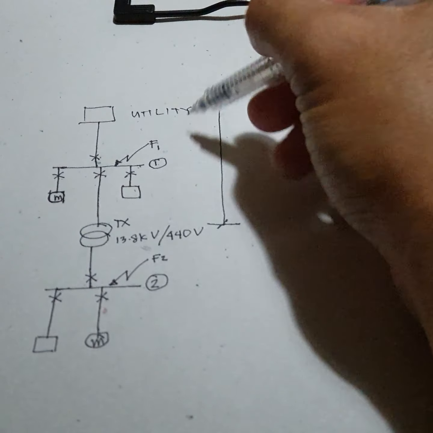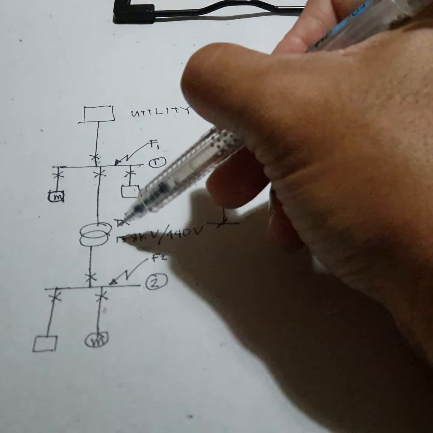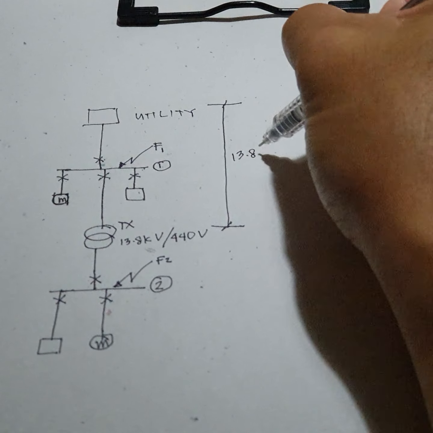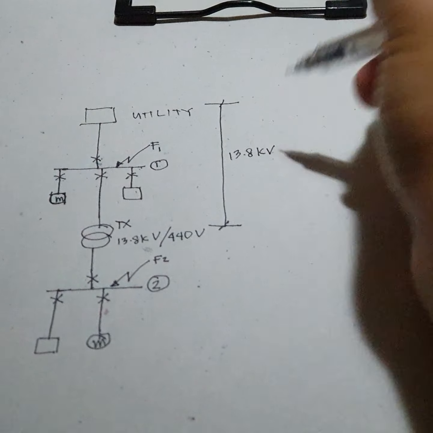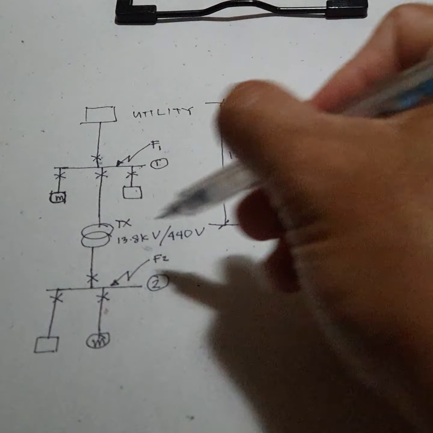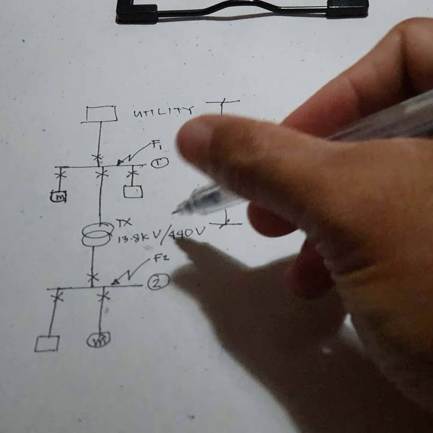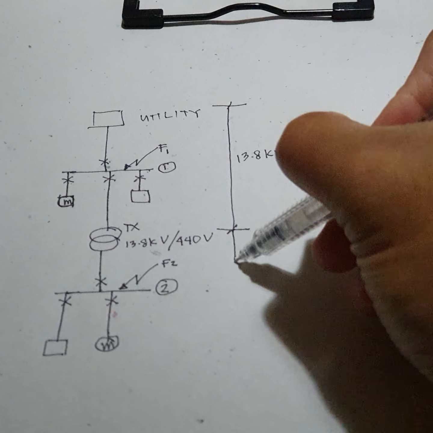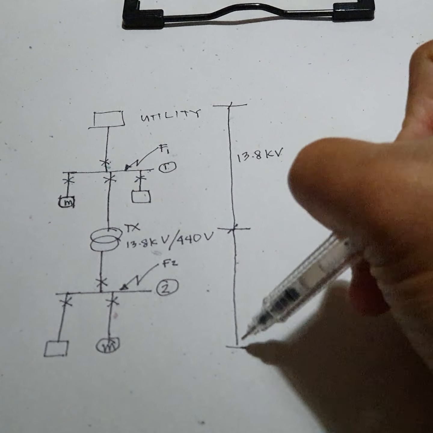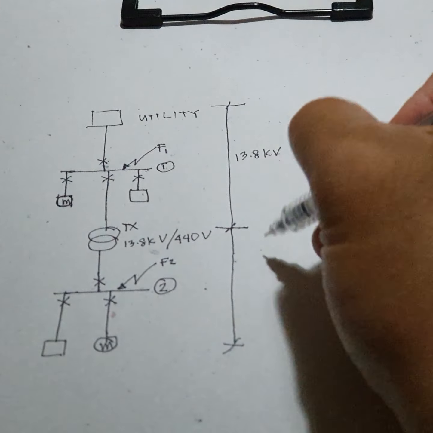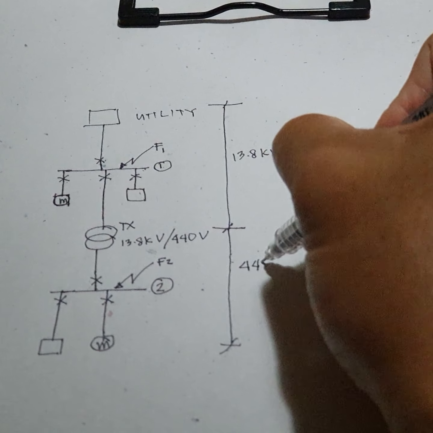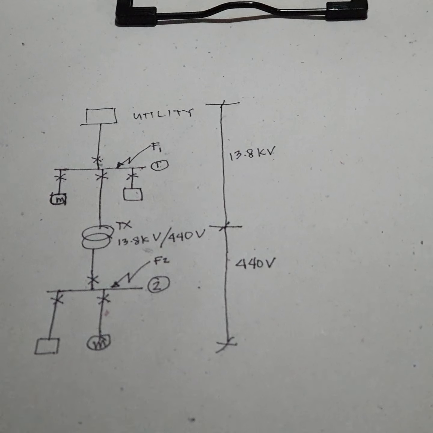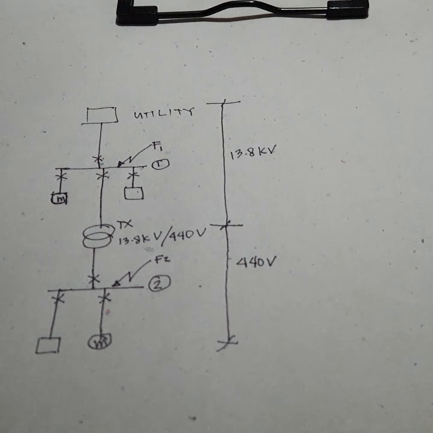So from the utility up to the primary terminals, the voltage is 13.8 kV. Okay, next, from the secondary terminals of the transformer up to the final loads, the voltage is 440 volts.